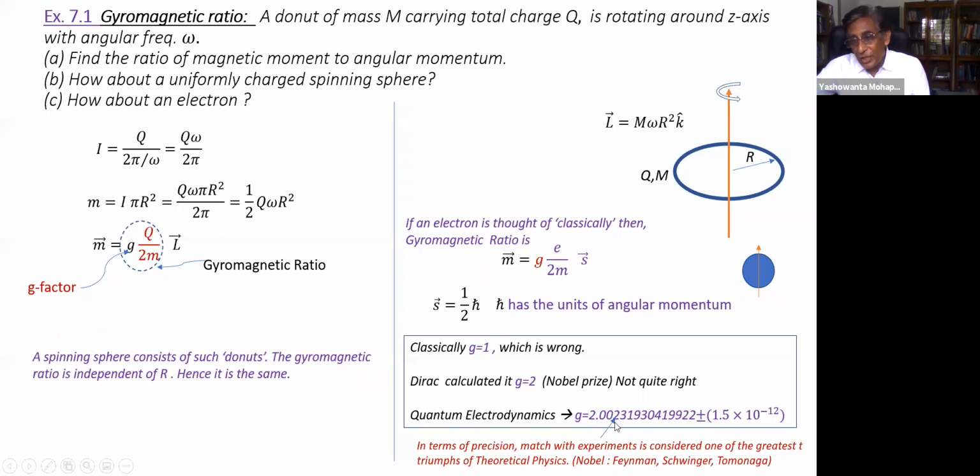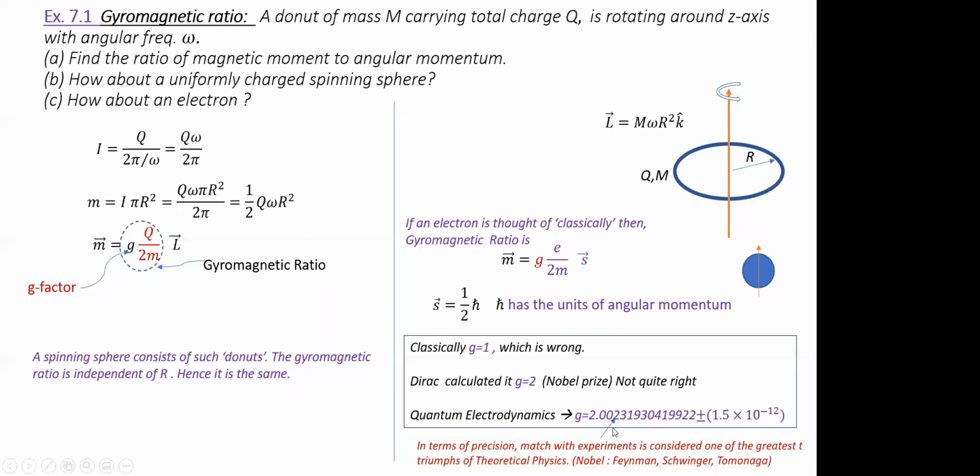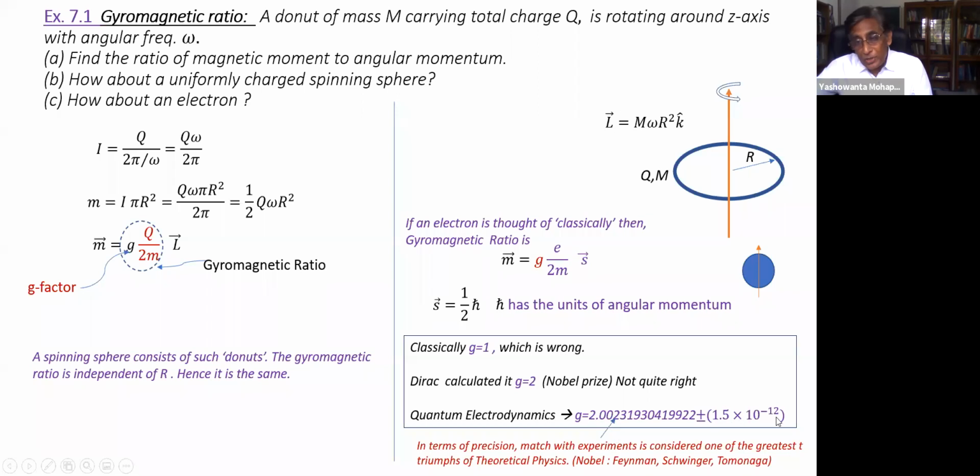But just imagine a theory being able to predict up to 10 to the power minus 12, absolutely correct, and measured in experiment both at Brookhaven National Laboratory in storage rings and also at Fermilab. This has been calculated to this kind of precision, and the theory and the experiment match.